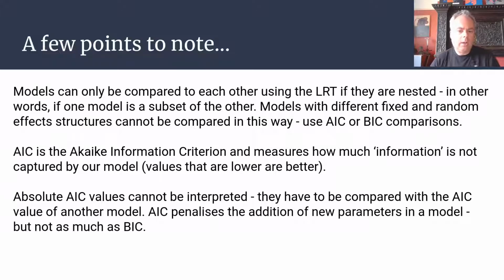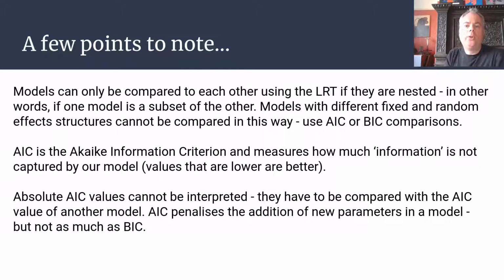If you recall, AIC is the Akaike information criterion, and it measures how much information is not captured by our model, meaning that lower AIC values suggest a better model. But it's also worth noting that absolute AIC values cannot be interpreted of themselves.